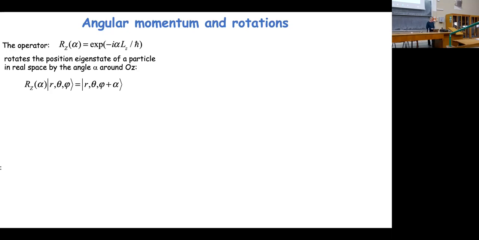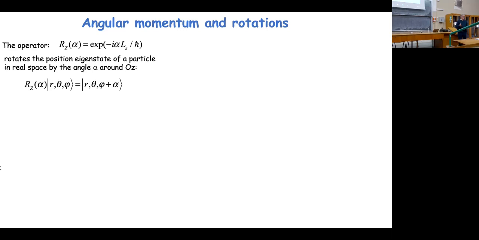On this slide, I make the connection between angular momentum and rotations. In fact, what I will show you on this slide is that when you have a quantum state which represents, for instance, a particle at point r, theta, and phi, if you apply this operator to it, you transform it into r, theta, and phi plus alpha.